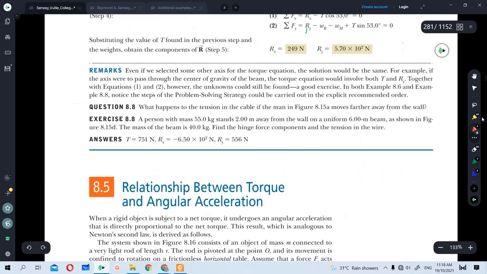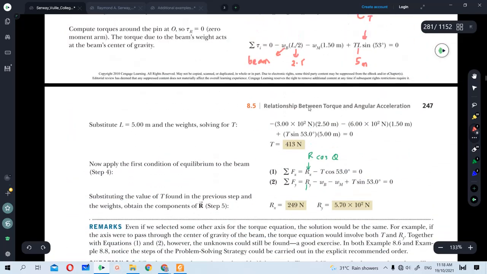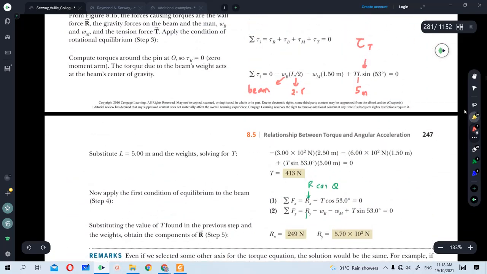Now, according to this expression, there is only one unknown missing, and that is the tension value itself. So as you substitute properly, you should arrive at tension 413 Newton.